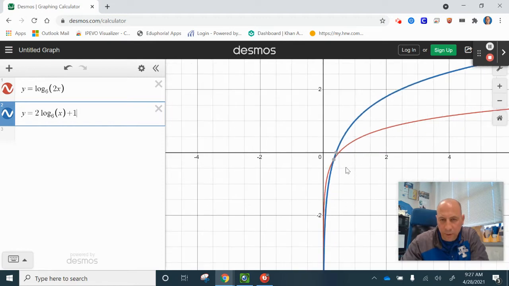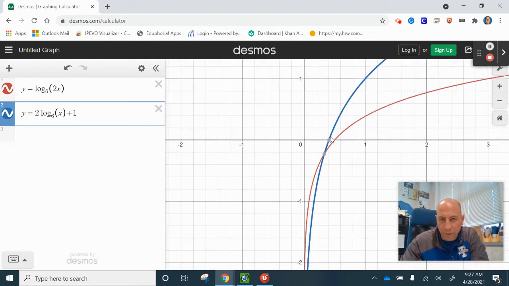And then we want to zoom in a little bit. Be careful because that dot popped up, but that's not the point of intersection. This is the point of intersection right there.